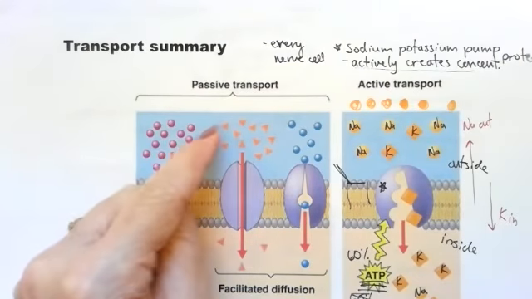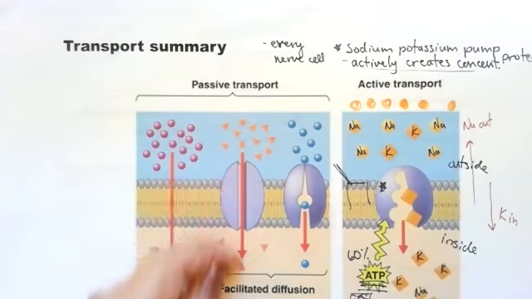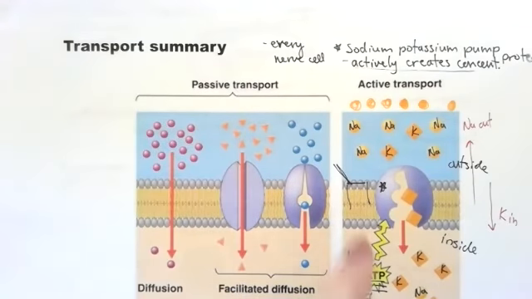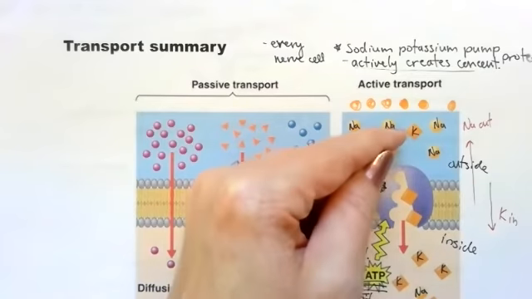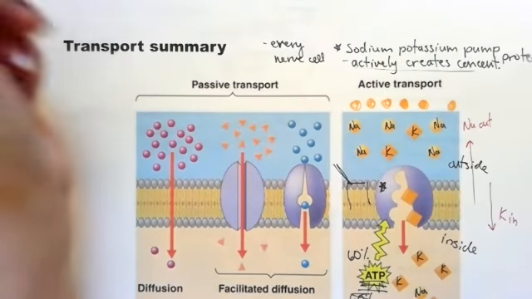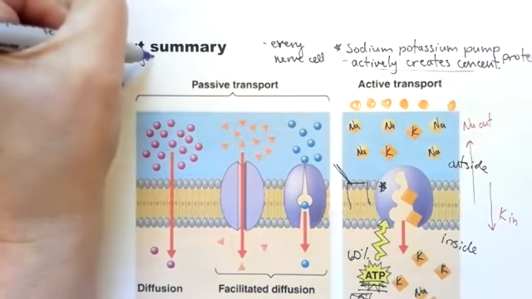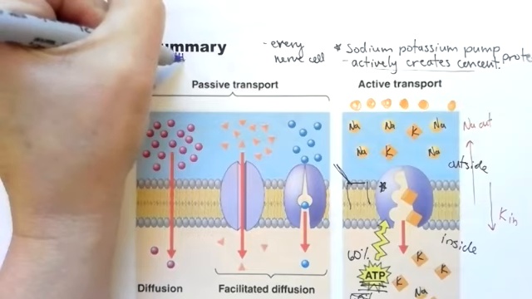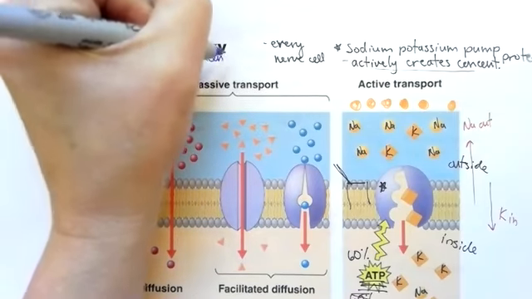Over here, to compare it to, we saw that all of this goes from high concentration to low. When we go from low concentration to higher concentration, we're going in the opposite direction. Going from high to low is called going with the concentration gradient. So passive transport, we say, goes with the concentration gradient.